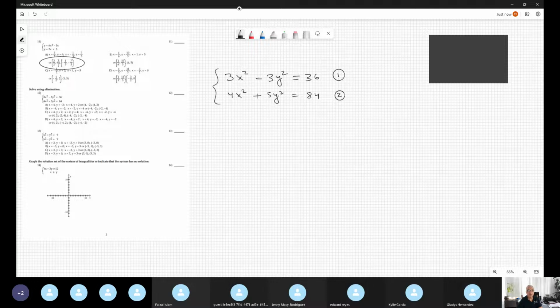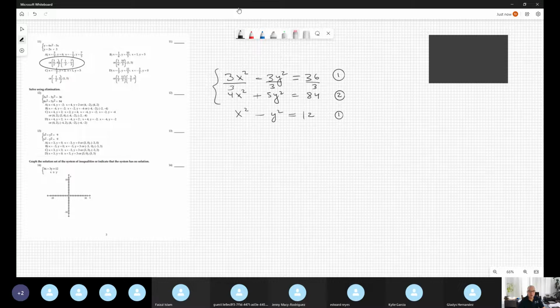Okay, equation number 1, I can divide it by 3 because every coefficient is divisible by 3. Therefore, it's easier to write this equation: x squared minus y squared equal 12. And this is my equation 1 after the simplification.